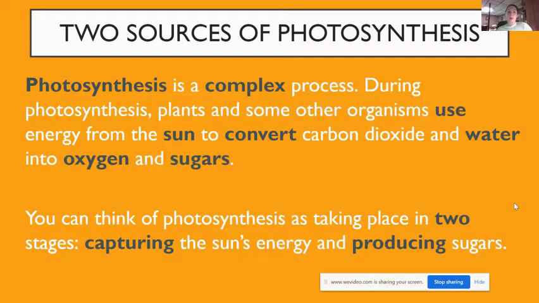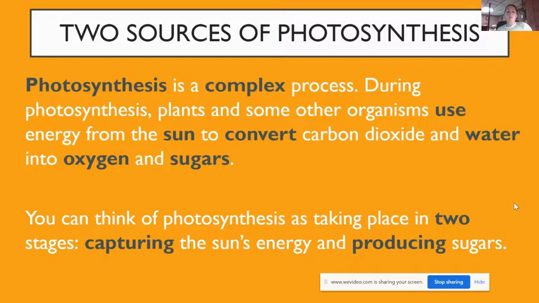The second part of our notes is that there are two stages of photosynthesis. It is a complex process, and during photosynthesis, plants and other organisms use the energy from the sun to convert carbon dioxide, which is a gas in the air, and water, like water vapor or actual water molecules, into oxygen and sugars, which is used as that energy in that food.